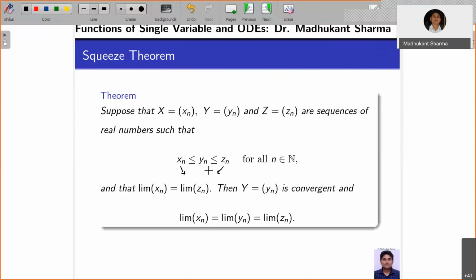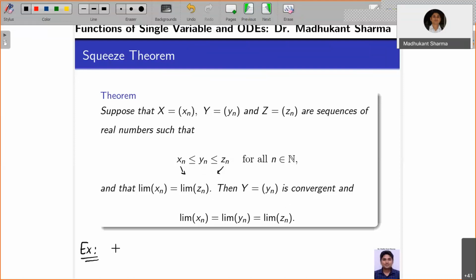Then the middle sequence is also convergent, and it converges to the same limit as xn and zn. For example, I will start with an example, and proving the result is very simple.